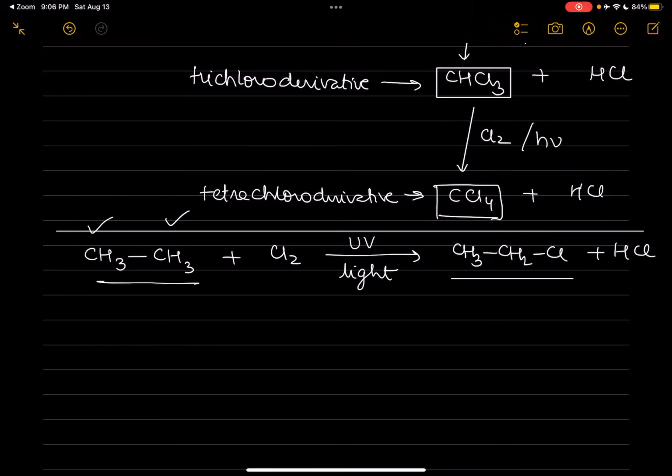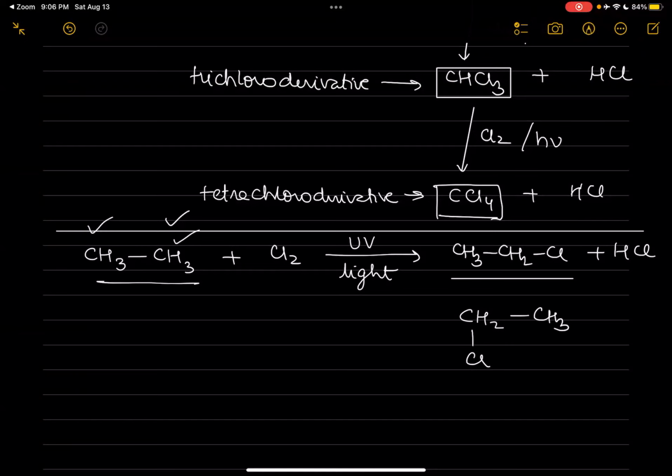Right? Why are they the same? There are two carbon atoms, but both are the same, because if you write the molecule like this or this, it is one and the same thing. It will not change. So you can put Cl on either carbon, but if you put Cl on the left carbon, this is not going to be a new product, right?